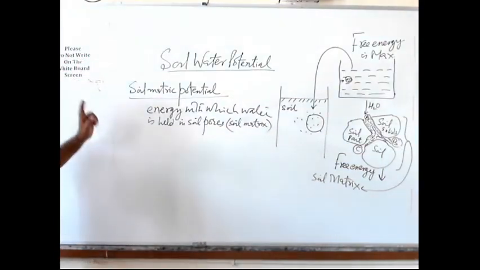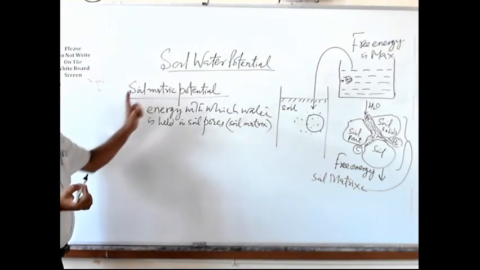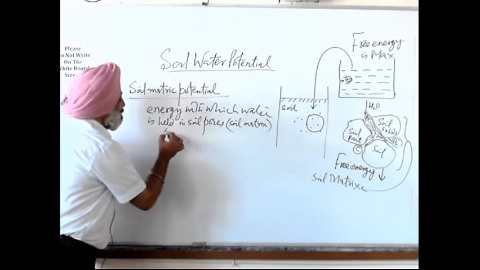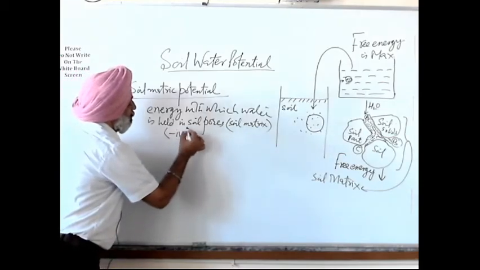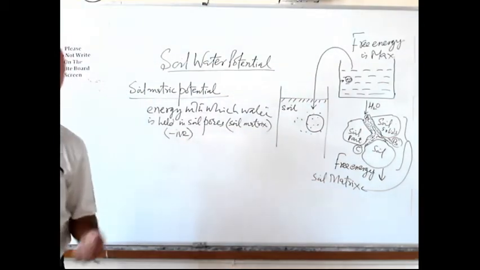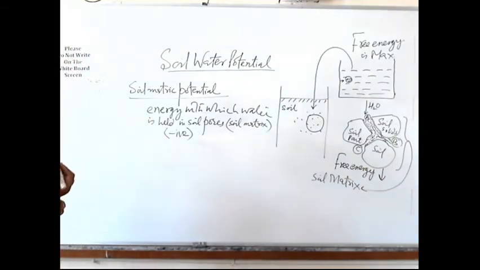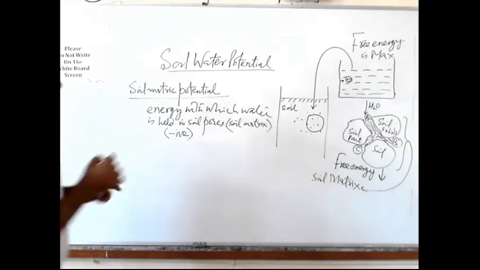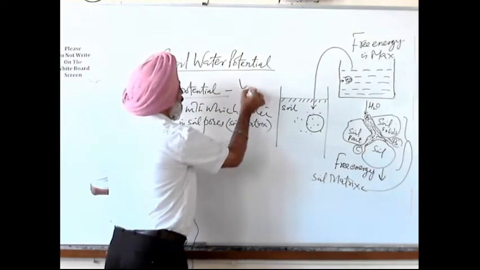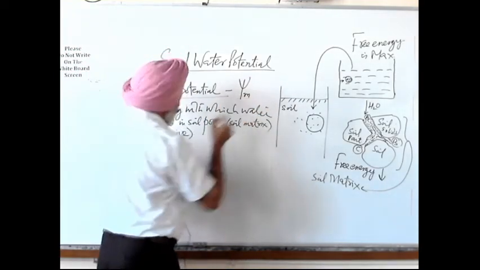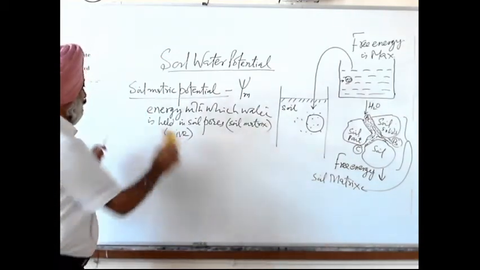So this is one component of soil water potential, and this is always negative. Soil matric potential is always negative because when water enters the soil, the free energy gets reduced. And we express this soil matric potential as psi m. So this is one component.